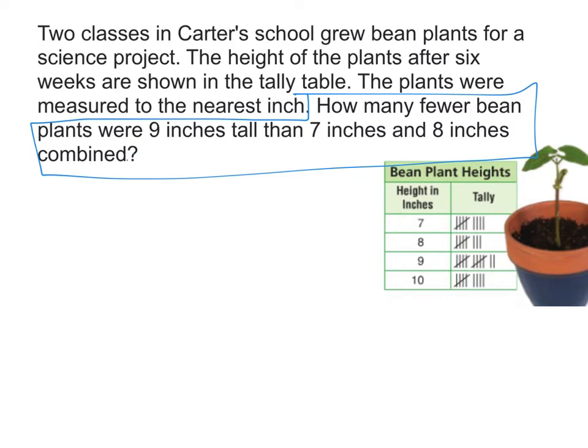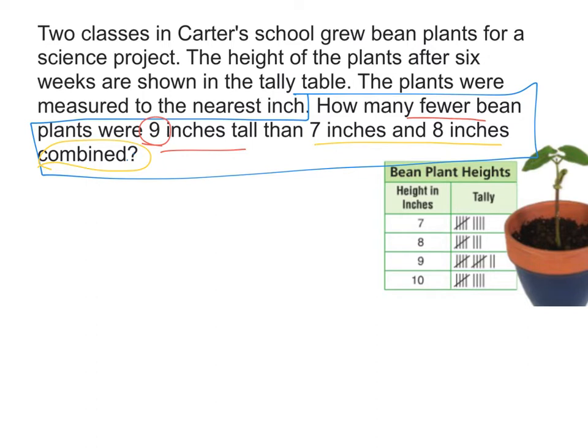We need to figure out how many fewer bean plants were 9 inches tall than 7 and 8 inches combined. So what information do we need to use?